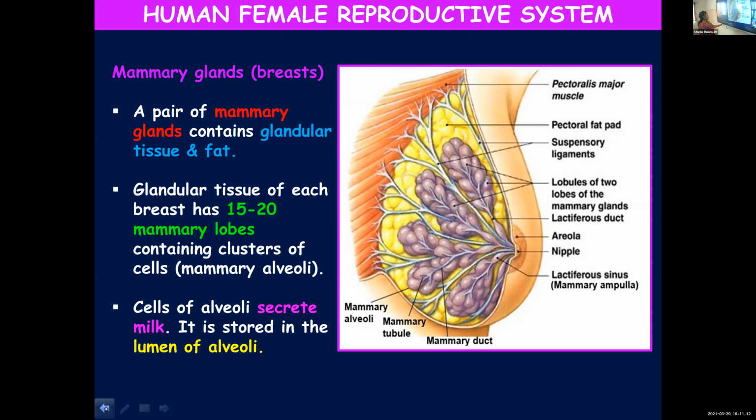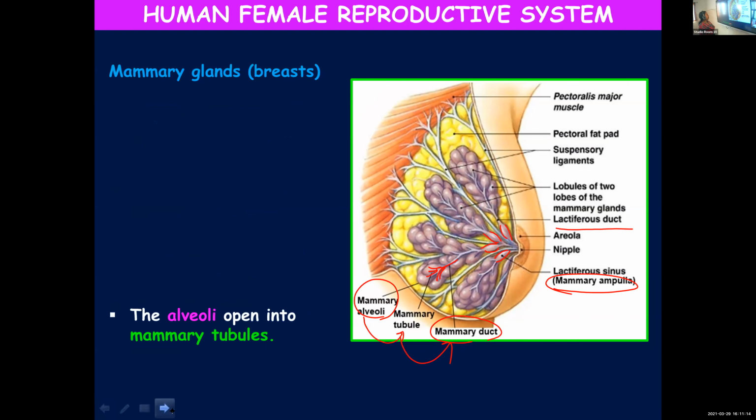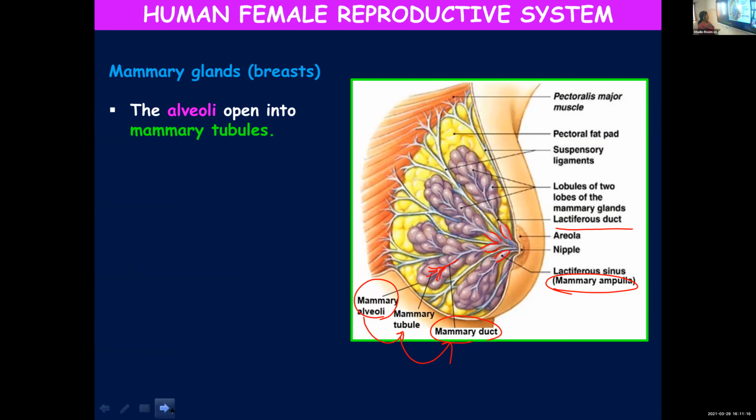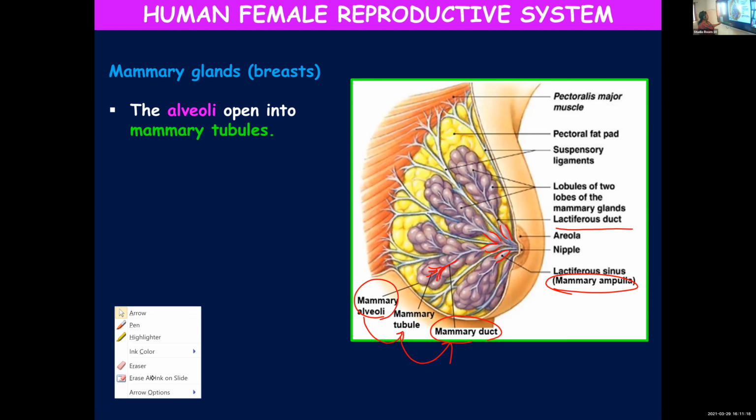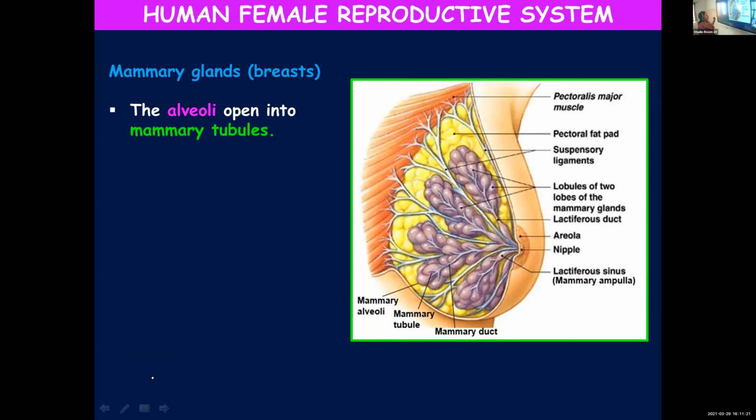And then these alveoli open into, just see the figure, some tube-like structures. Tubule means small tubes. So they open into mammary tubules. Here you can see small branches, small tubules, joining to form a mammary duct. These small tubules are known as mammary tubules.